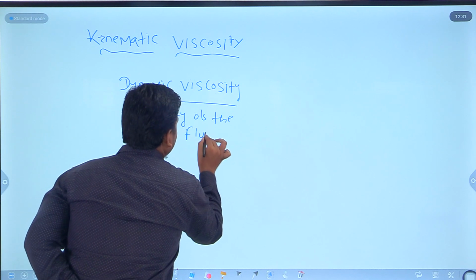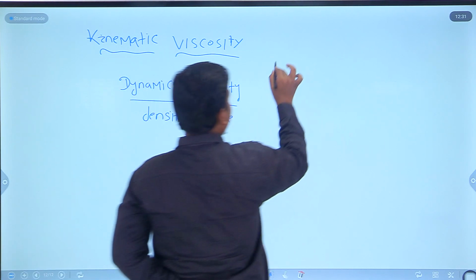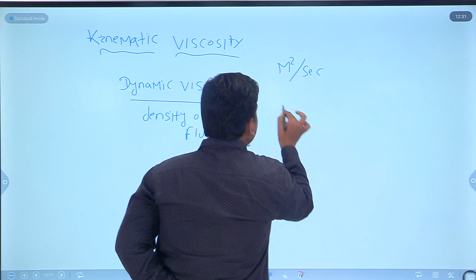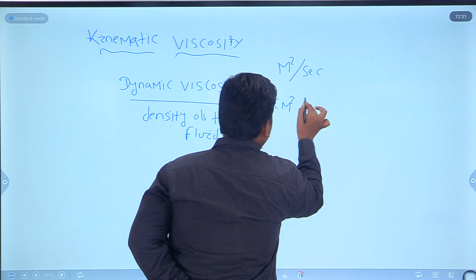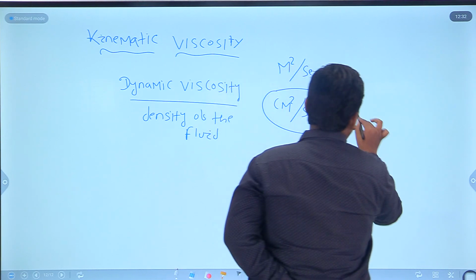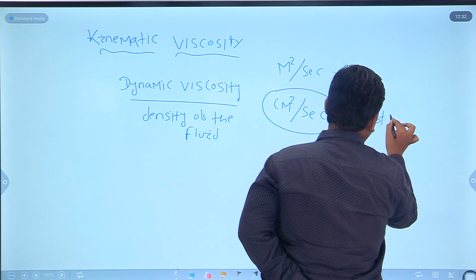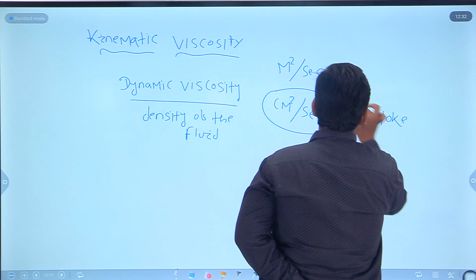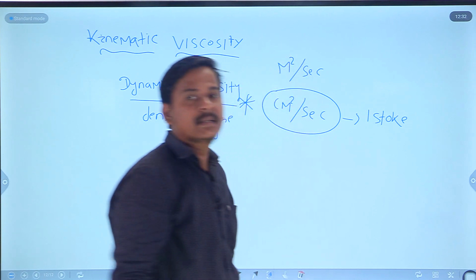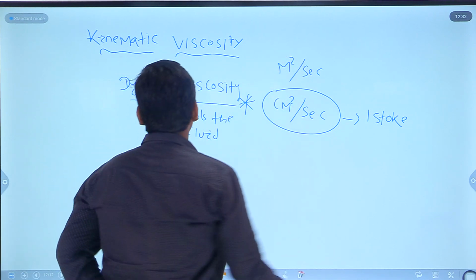Its unit is meter square per second in SI, and centimeter square per second in CGS. The point to be remembered: centimeter square per second is known as 1 Stokes.